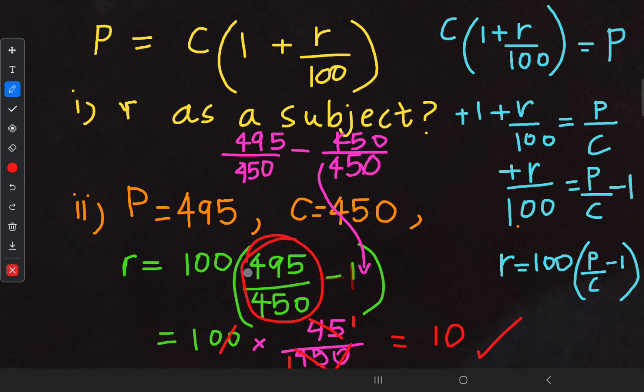In a fraction, when we need to subtract any value, you should convert the given integer value into a fraction as well. Likewise, here I made the 1 as 450 upon 450. Then from 495, when you subtract 450, that gives you 45 divided by 450. I simplified this 0 and this 0. So 10 is your final answer.